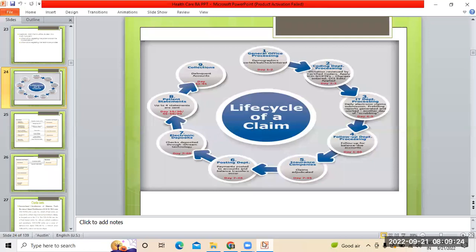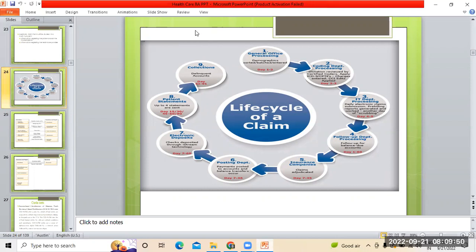All that information they have to explain in the life cycle of a claim. This all happens through the codes, as I mentioned. So this process will be taken in 9 different steps.